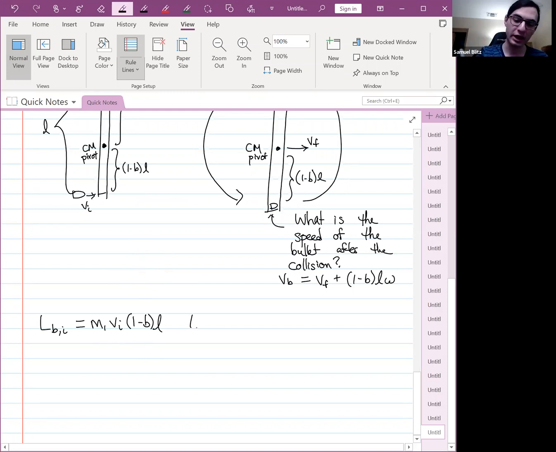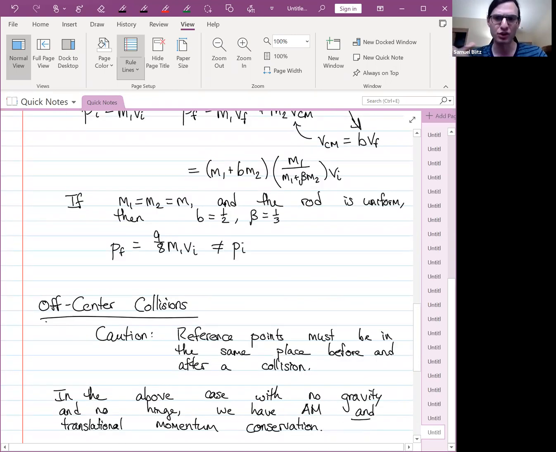Okay, what about the angular momentum of the bullet after the collision? Well, it's the same formula. It's just we have a different speed. In this case, it's m1 vb times (1 minus b) L. And then the angular momentum of the rod after the collision would be I times omega. It's I rod times omega. Now we're going to write the moment of inertia about the center of mass, again, in terms of this variable beta. I'm going to call it beta prime though, just so it's not confusing because we already used beta.